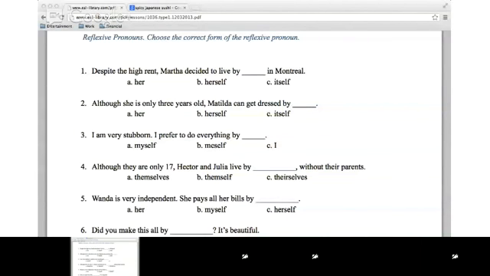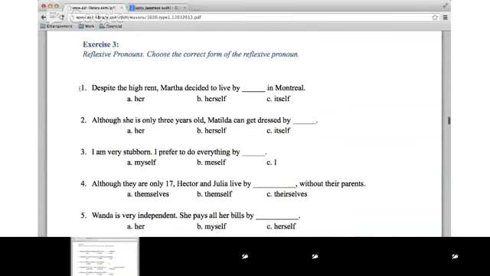Okay, very good. Let's check out the reflexive forms. Reflexive pronouns. Let's start with number 1. And who's my last reader? Was that Pipe? Pipe, were you my last reader? Yes. Okay, good. Let's go to number 1.